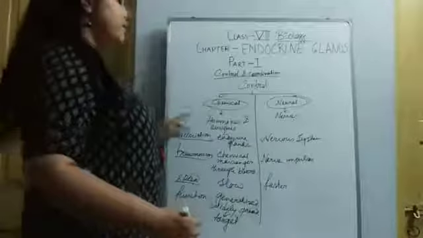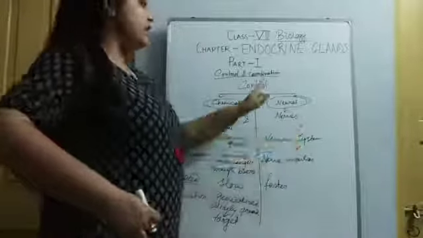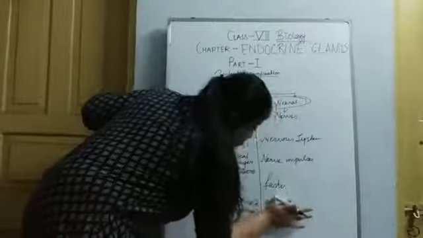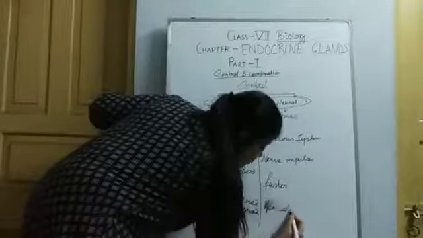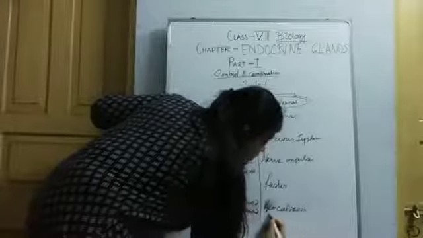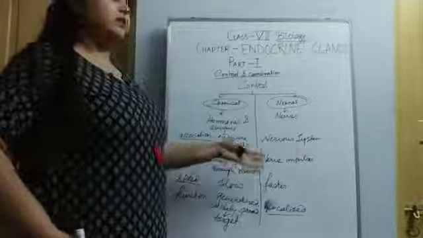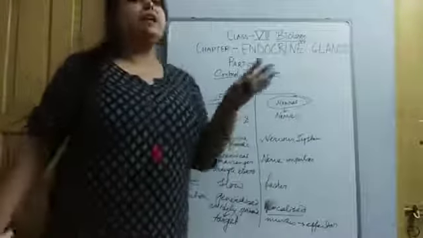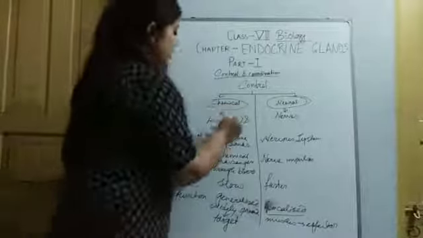But the function of the neural control is localized. So where does it work? It mainly works on the muscles, mainly on the effector.